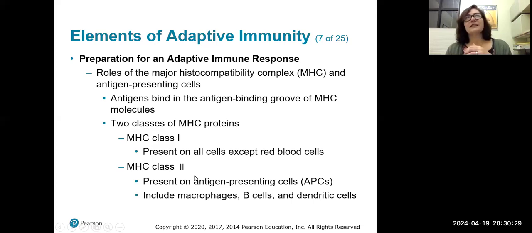That's the big difference: all the cells in the body are presenting on MHC class 1, and the phagocytic cells that then go and present this to the cops on purpose, this is on class 2.